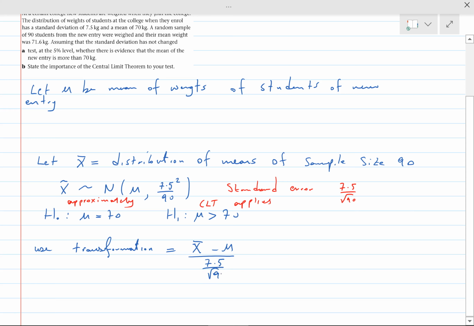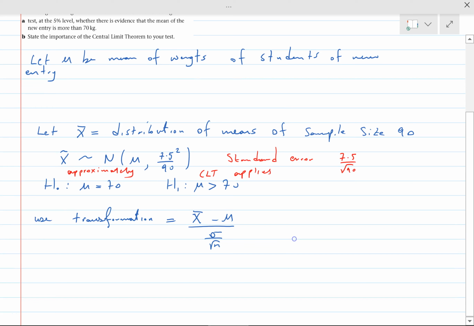So let's just put the general case in. This is what we use as our test statistic.